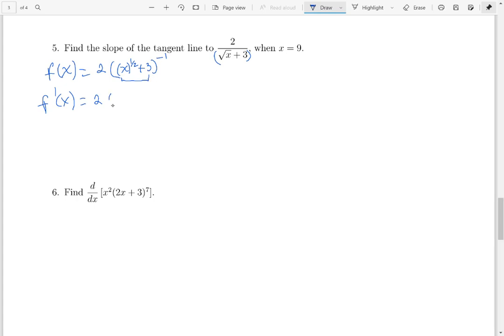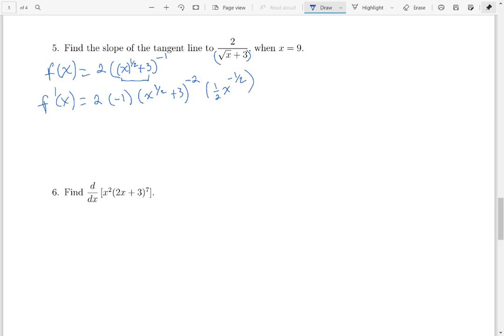So that's going to be 2 times negative 1 times the inner function unchanged, x to the 1/2 power plus 3 raised to the negative 1 minus 1, which is now negative 2, now times the derivative of the inner function, which is just going to be 1/2 x raised to the negative 1/2, and the derivative of a constant is 0, and so there we are.